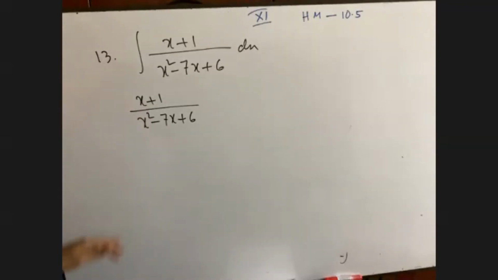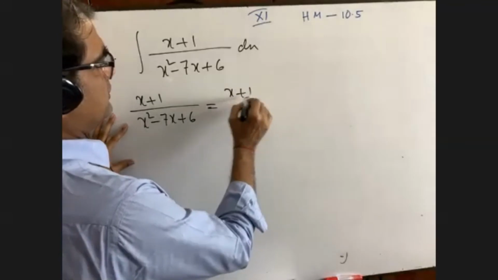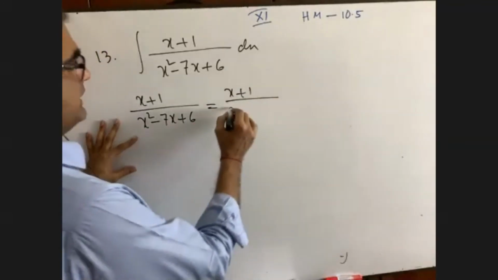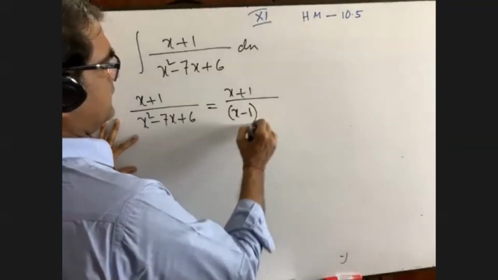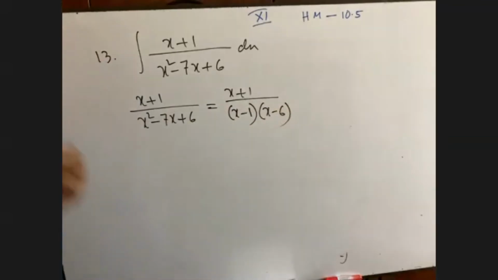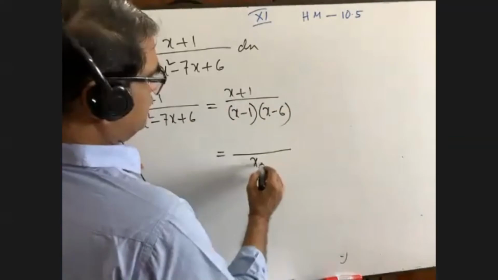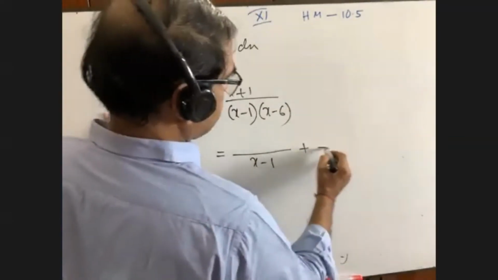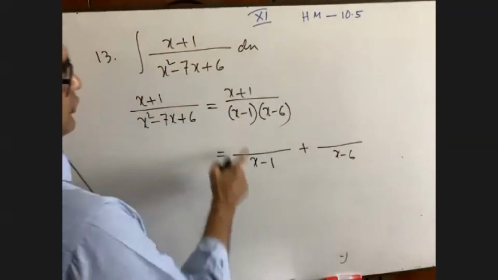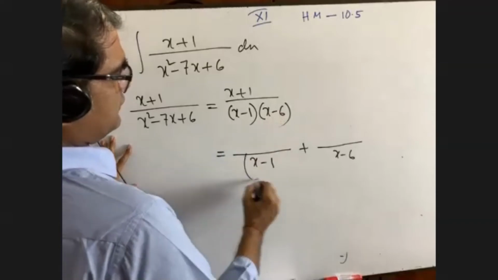Anyway, it can be written as x plus 1 by x minus 1 into x minus 6. That means you write it as a by x minus 1 plus b by x minus 6. So x equals 1 here, 1 minus 6 is minus 5, and 1 plus 1 is 2.